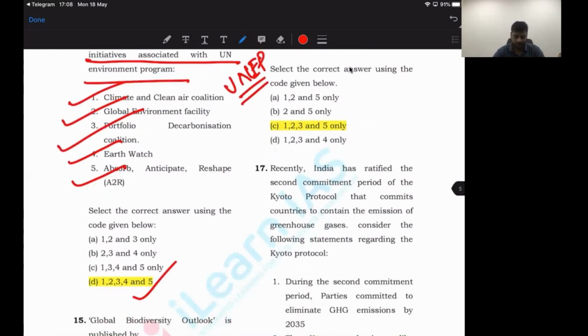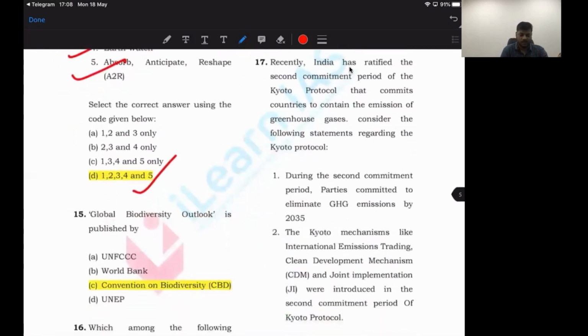Got it. Then the 15th one, a pretty simple one: Global Biodiversity Outlook. Who will publish it? It will be published by the Convention on Biological Diversity. UNFCCC is not related to biodiversity, it's related to climate change. World Bank is not exclusively related to biodiversity.